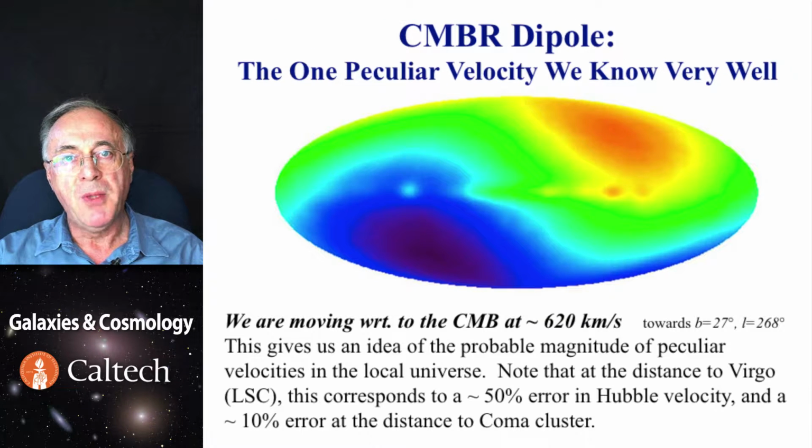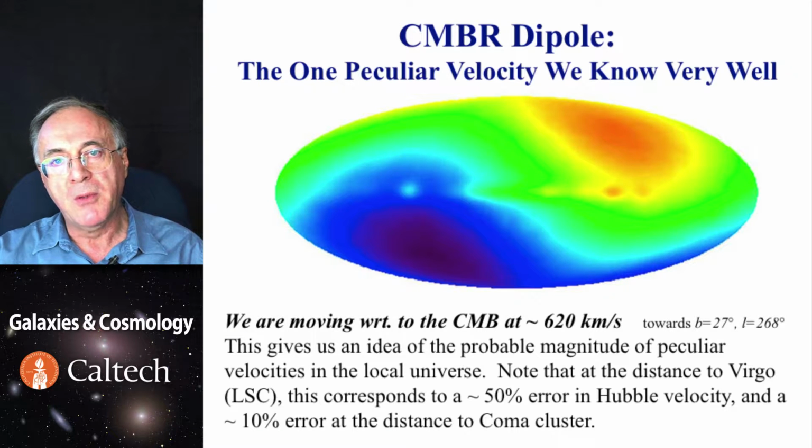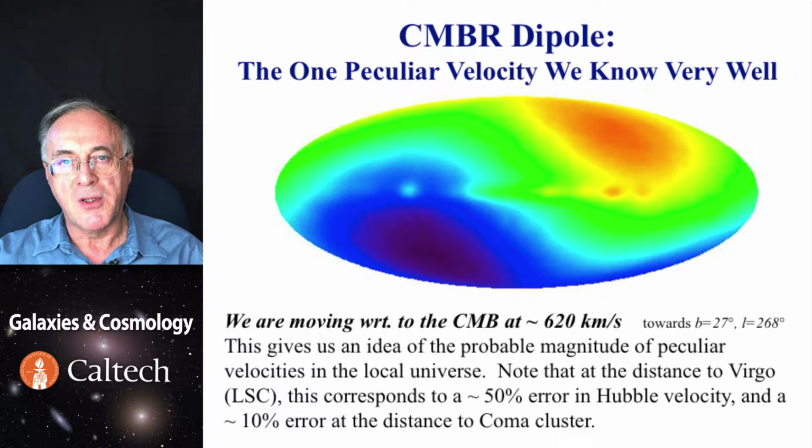Now there is one peculiar velocity, some people would say only one, which we know with a great deal of precision. And this is our motion relative to the cosmic microwave background. This causes a dipole. The cosmic microwave background is a little hotter in the direction that we're moving to, and the velocity is about 620 kilometers per second in a particular direction in the sky.